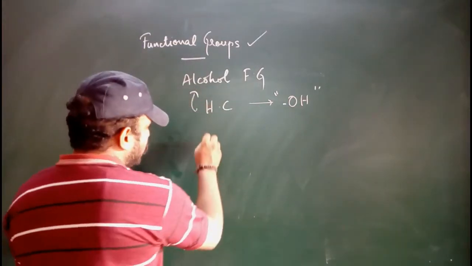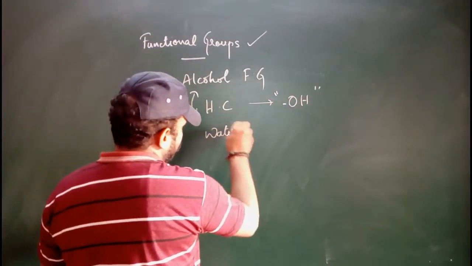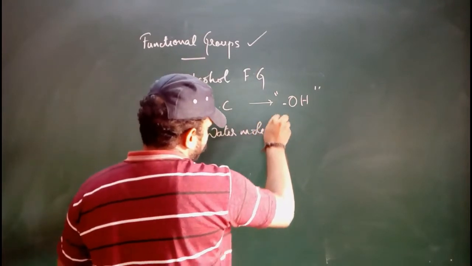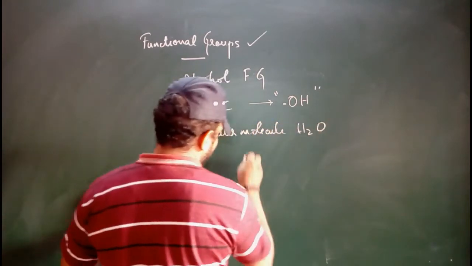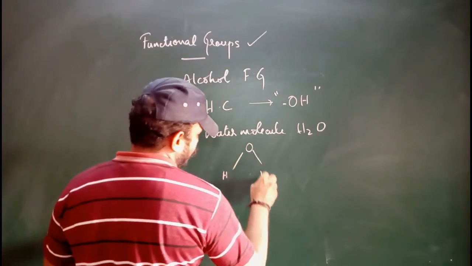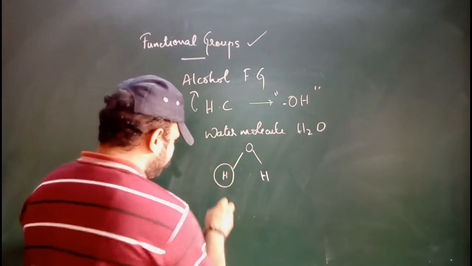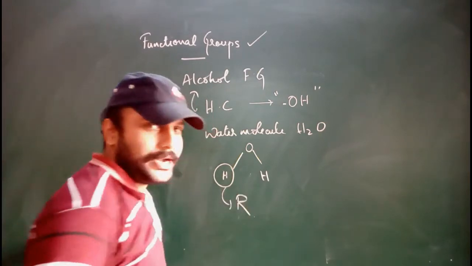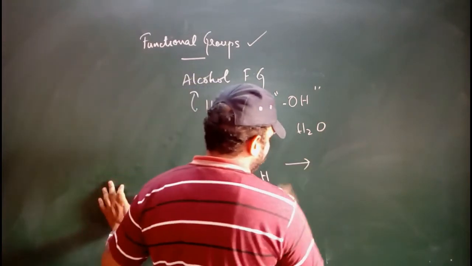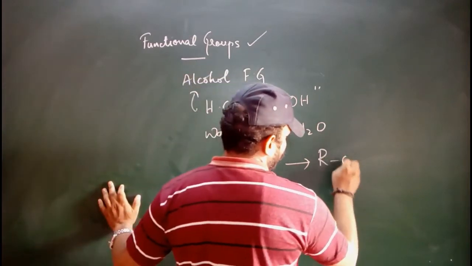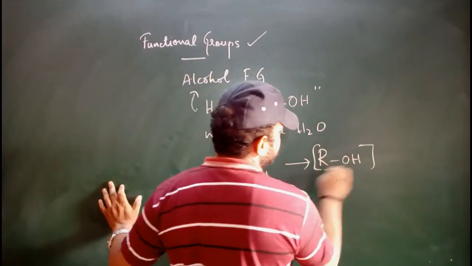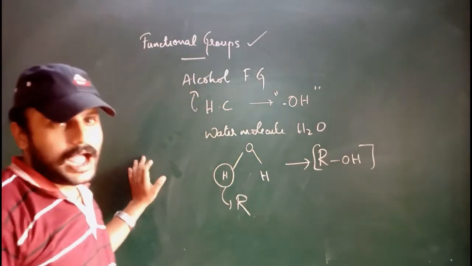If you take the water molecule, what is the chemical formula for water? H2O. Here, if one H is replaced with an alkyl or hydrocarbon group, what general formula do you get? ROH. So ROH is the general formula for alcohol.